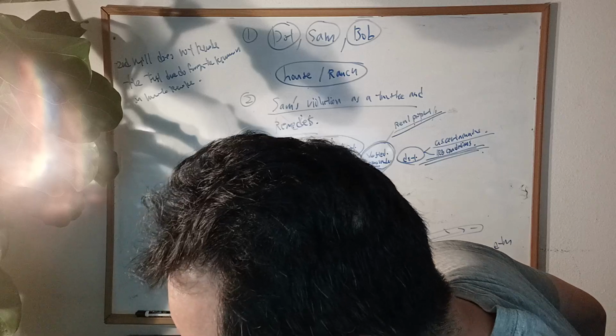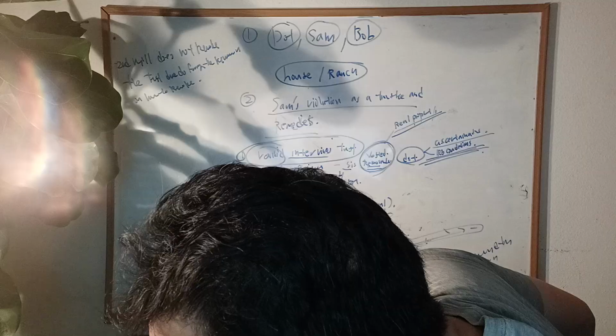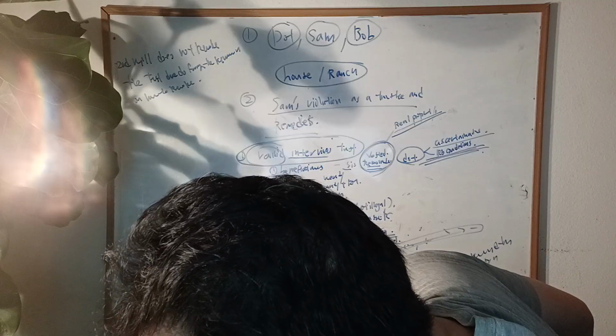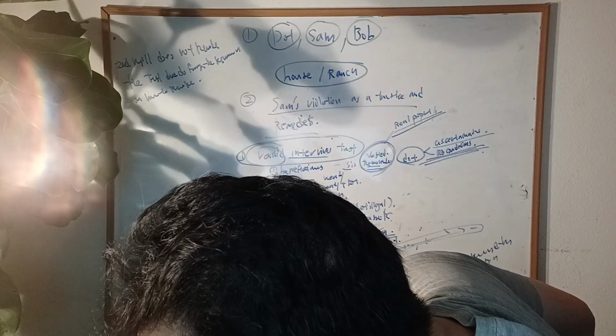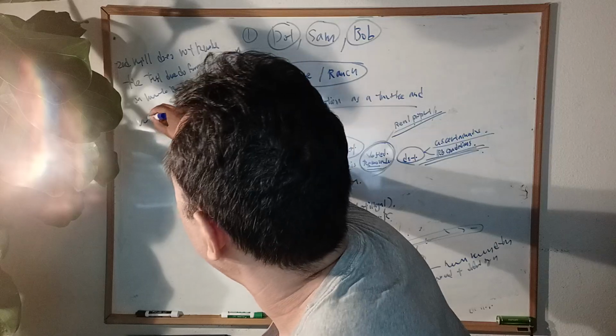Now, when you look at the second paragraph, it talks about how I leave the house and ranch to my son as trustee to be held in trust for the benefit of my brother Bob. So she created a will, right?